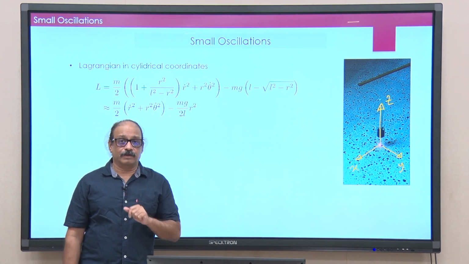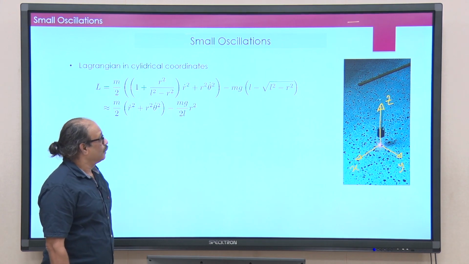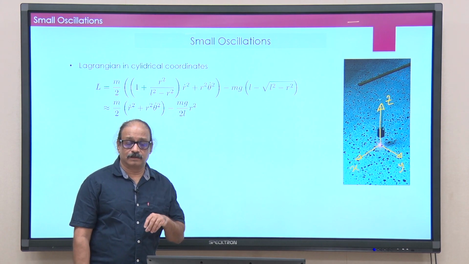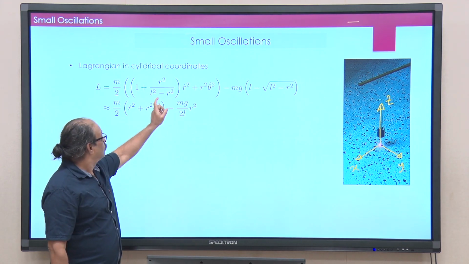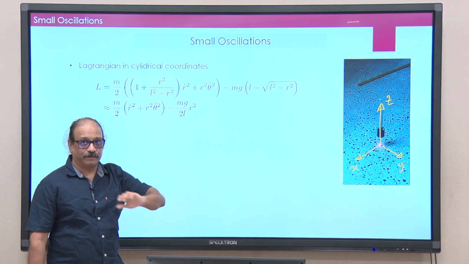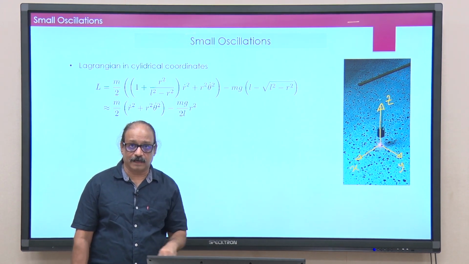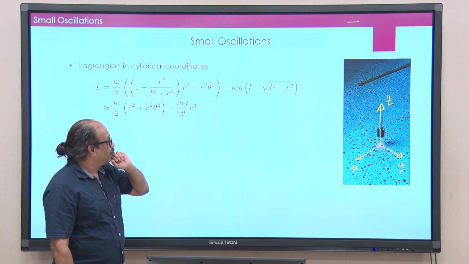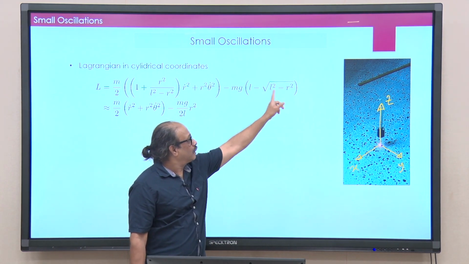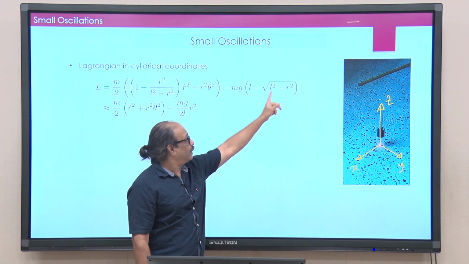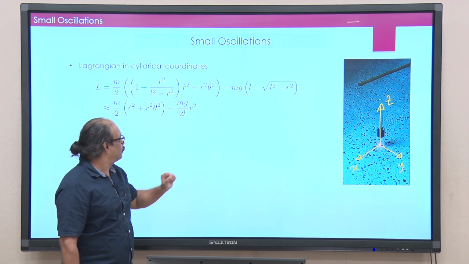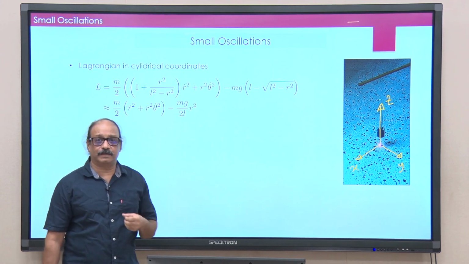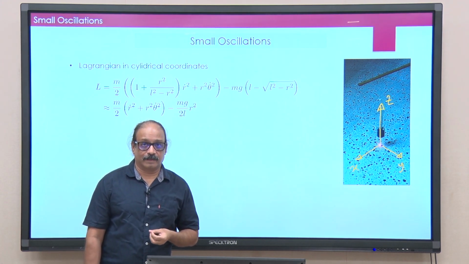Okay. Now, we want to do that harmonic approximation. In the harmonic approximation, the amplitude is small. So, basically this r here, which is the distance, and theta both are small. Okay. Now, if r is very small compared to L, I can do a Taylor expansion of this, and if I do Taylor expansion, what I am left with is mg by 2L into r square.